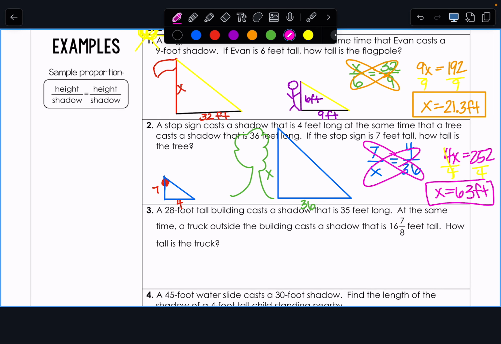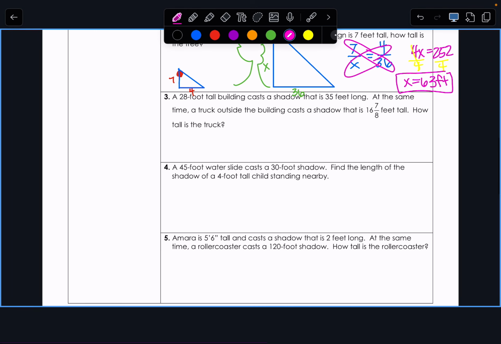Basically, what I need you to do when you have these shadow problems, at the very least, you are going to draw 2 triangles, right? You need to put a measurement for how tall they are, a measurement for how long the shadow is, but of the 4, one of them is going to be unknown. One of them is going to be an X. When we're talking about a shadow problem, we don't ever have to worry about that part of the triangle right there.